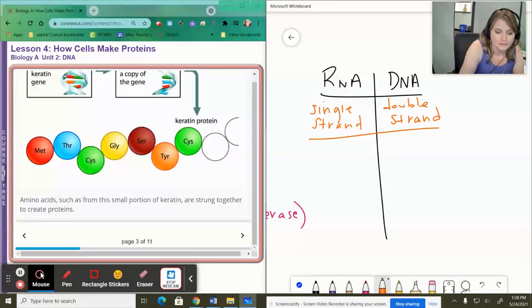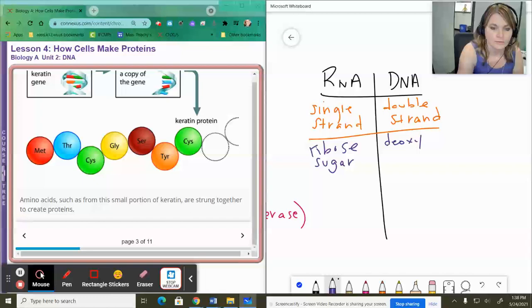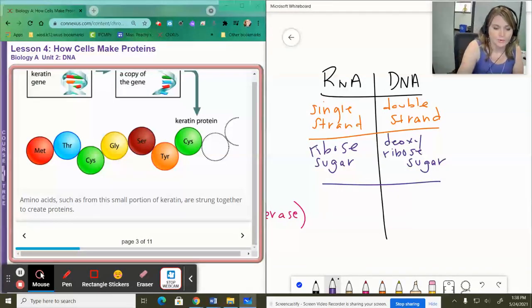Second difference, RNA uses a sugar called ribose sugar. DNA uses a sugar called deoxyribose sugar. Third difference is the bases.